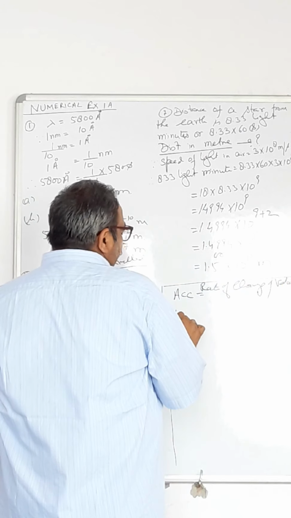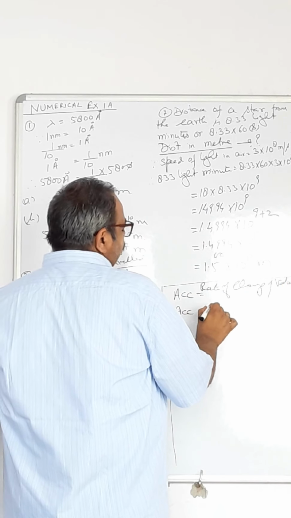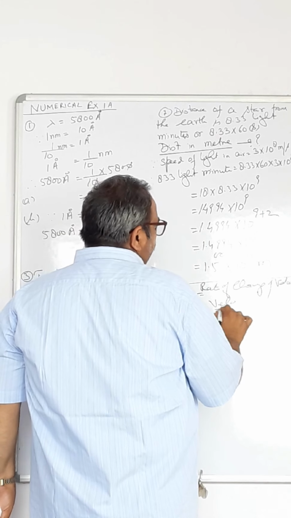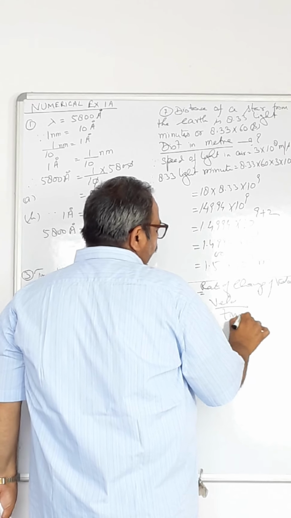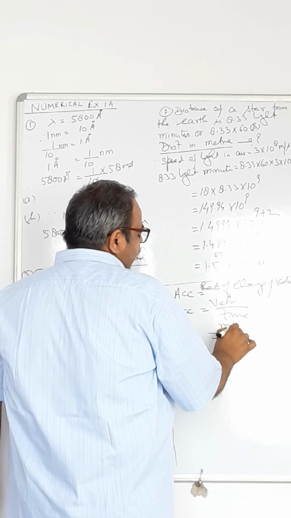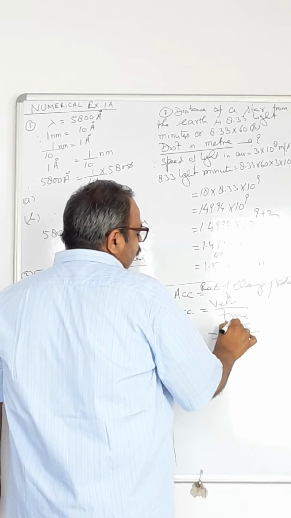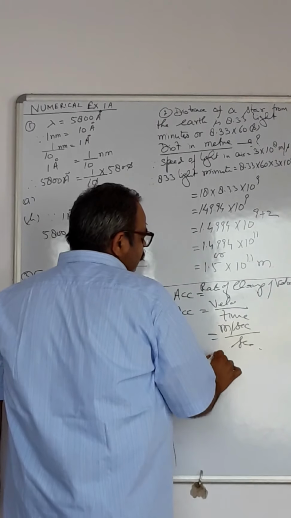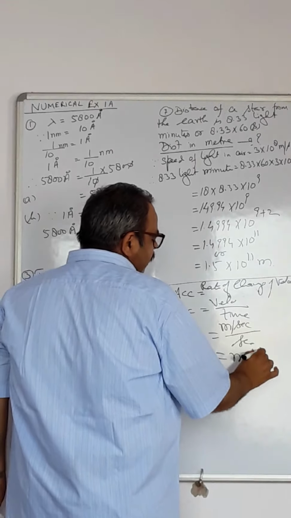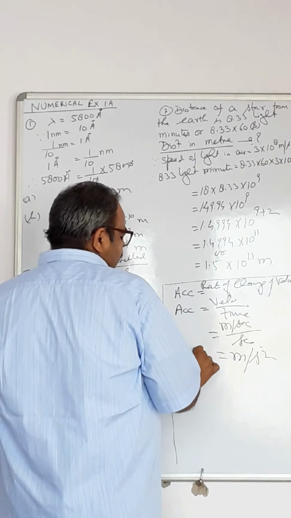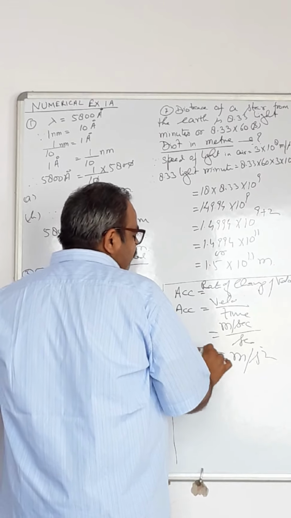What does it mean? Acceleration means velocity upon time. Velocity is meter per second over time in seconds. So the unit becomes meter per second square. The unit of acceleration becomes meter per second square.